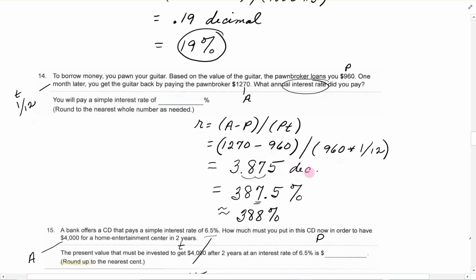This is indeed a decimal. To change it to a percent, you have to move it 2 places to the right. And although this is huge, this is 387.5%. The instructions say round to the nearest whole number. So this 0.5 is in the tenths place, and that will round the ones place up to 388%. And that's what's going on with pawnbrokers. The percentages are huge.